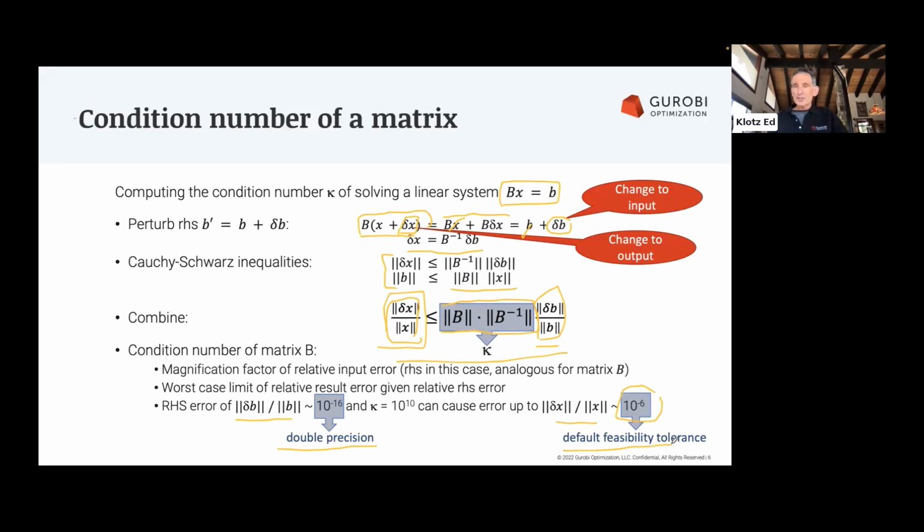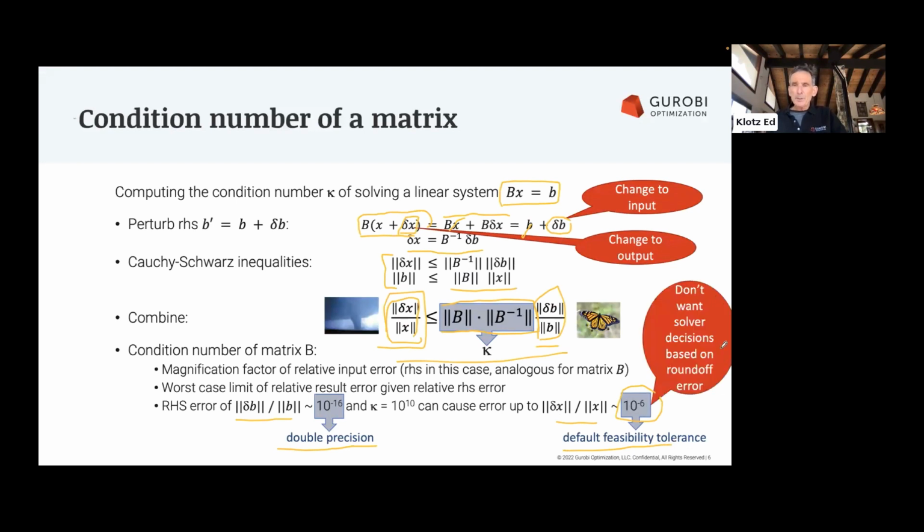So this is a key threshold, because basically we don't want solver decisions based on round-off error. And if the condition number is above 10 to the 10th, that's the lowest value where that can happen because of this error in representing the data.